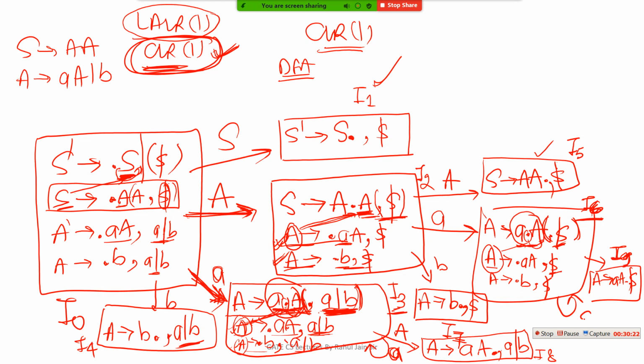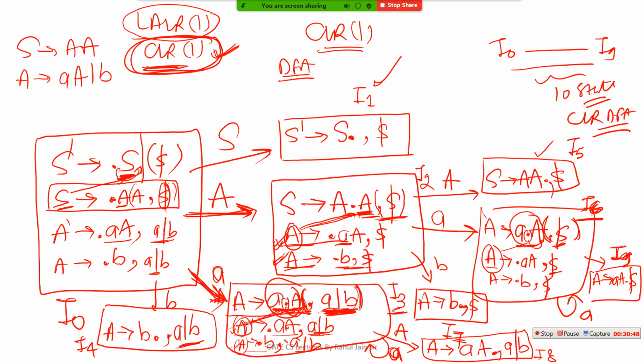So on small a, I can make a loop on it, which will repeat again. So in total, I0 to I9, 10 states I am getting in the DFA of CLR.